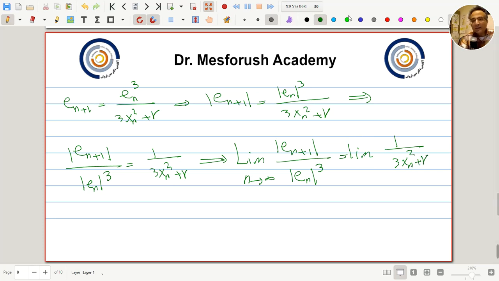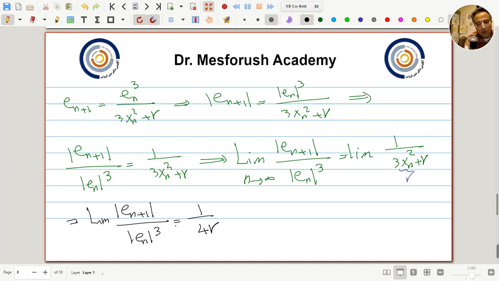We know that x_n goes to the square root of r and x_n squared goes to r. So finally we get the limit of absolute value of e_{n+1} over absolute value of e_n cubed equal to 1 over 4r. Now you consider the exponent as alpha and this value as lambda.